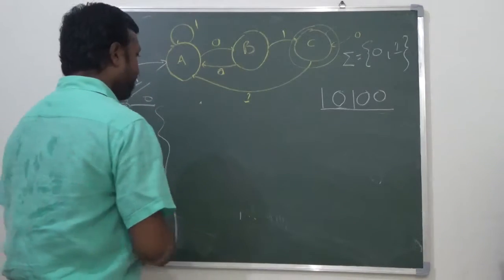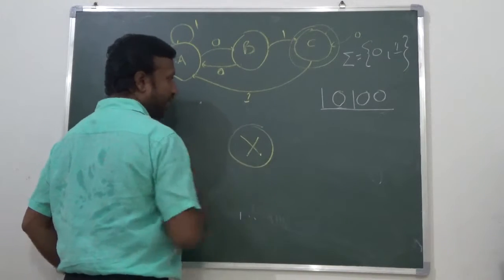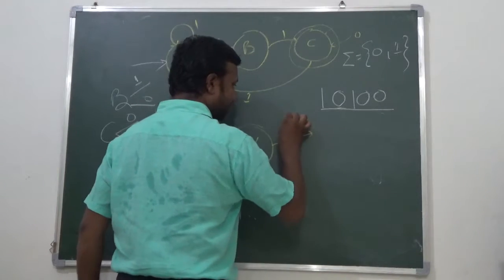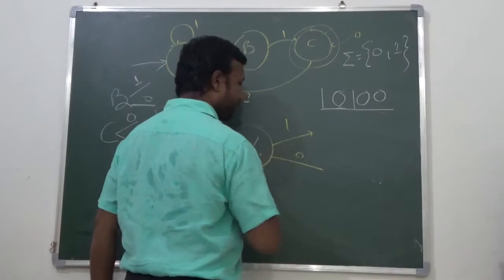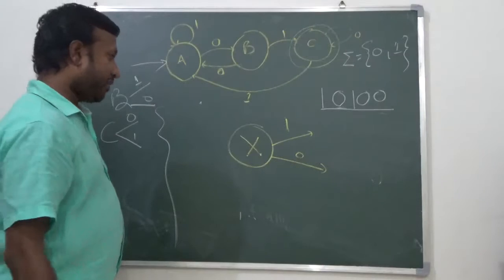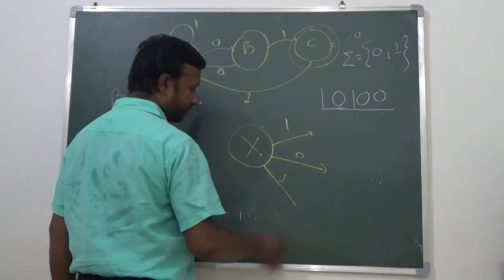Let us say we are getting this kind of state X, where one outgoing branch is for 1, one is for 0, and then there is one more branch for 1.